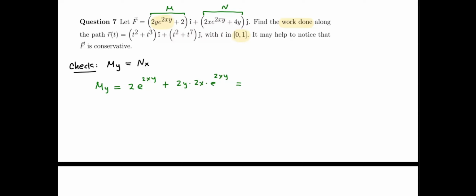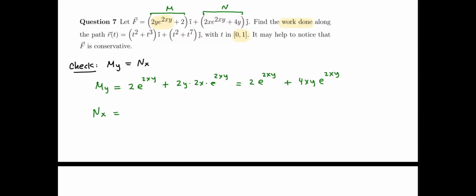A little bit of clearing. So this is 2e to the 2xy plus 4xy e to the 2xy. That's our M sub y. Now we take the partial of N with respect to x. Here we focus on this part and take the derivative with respect to x. This is going to be 0.